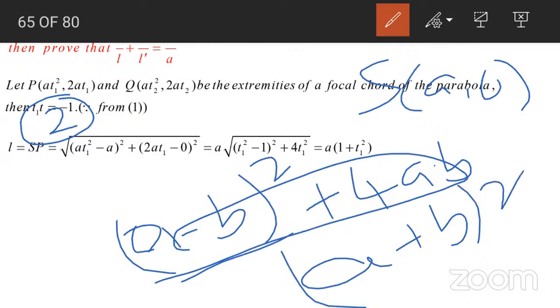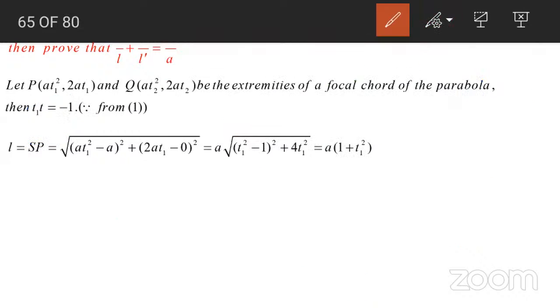Similarly here, (t1 square minus 1) whole square plus 4 t1 square is expanded as t1 to the power 4 plus 1 minus 2 t1 square plus 4 t1 square. Then minus 2 plus 4 is plus 2. Then this is nothing but a times (1 plus t1 square).